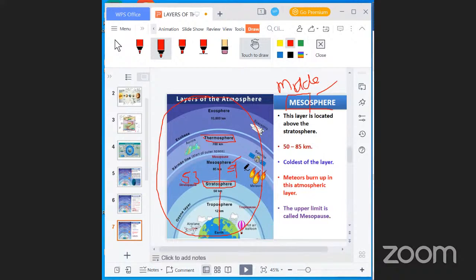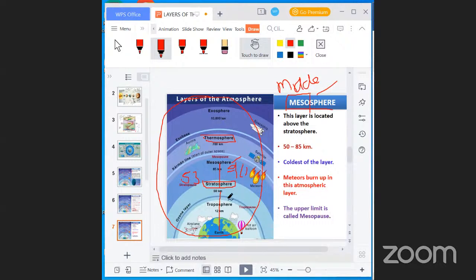How much? Minus 90 degrees Celsius temperature. That is important. That's why this layer is called the coldest layer. What is the reason? Minus degree temperatures are there. That is very important, so this layer is called the coldest layer.